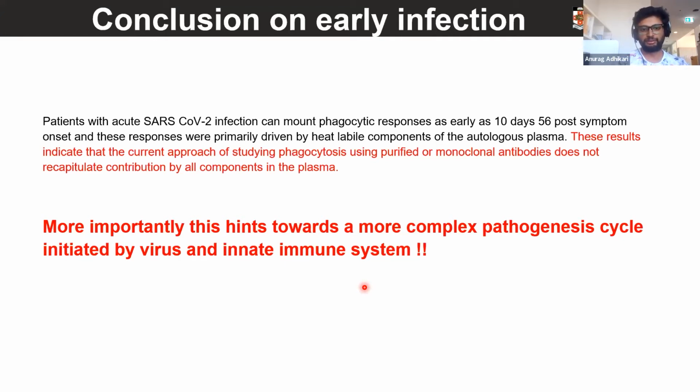So more importantly, this hints toward a complex cycle between virus and innate immune system that needs to be understood better to have better therapeutic and preventive outcomes in future.